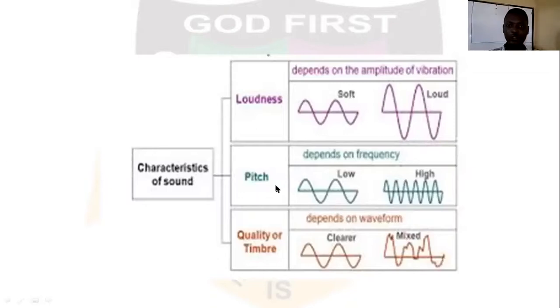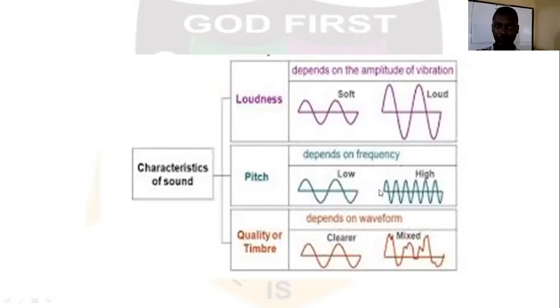Now let's go to pitch. Look at the low pitch. Look at the number of vibrations. From this point to this point gives us one wavelength, and then two wavelengths. But look at the number of wavelengths we have here: 1, 2, 3, 4. So you can see that this one has a higher pitch because the number of vibrations per unit time is higher than this other one.